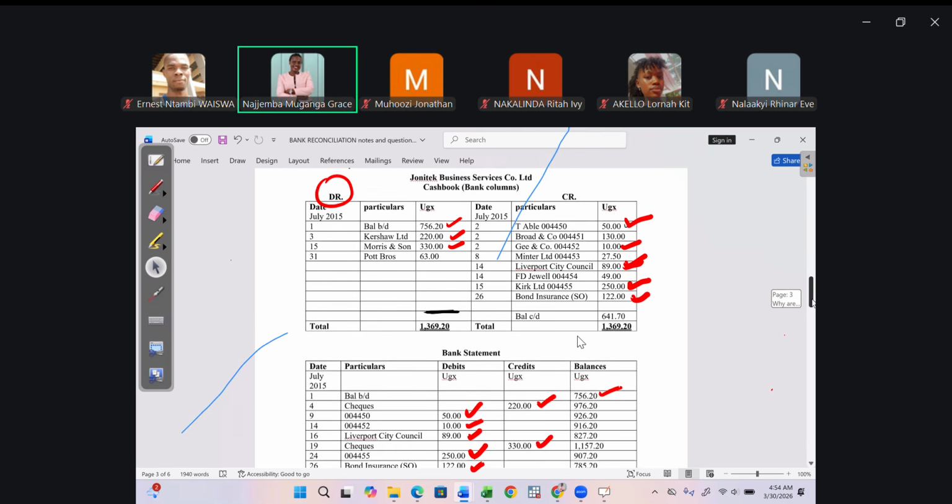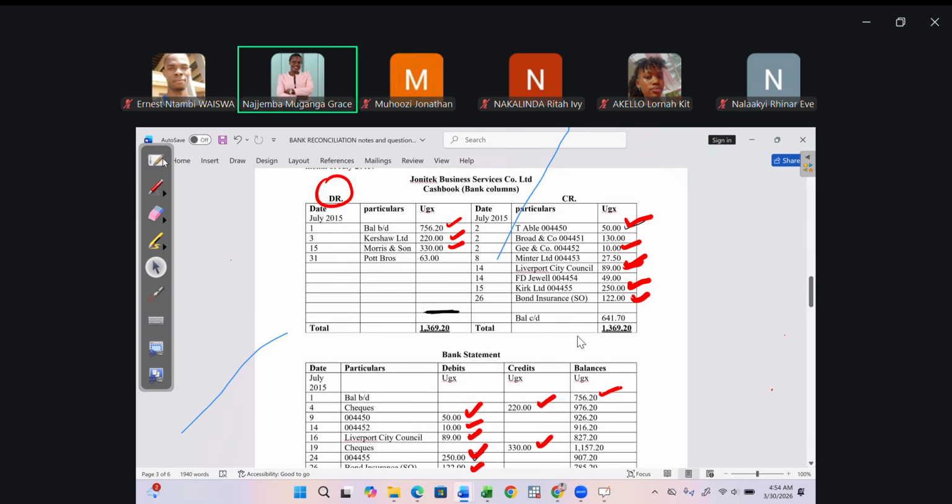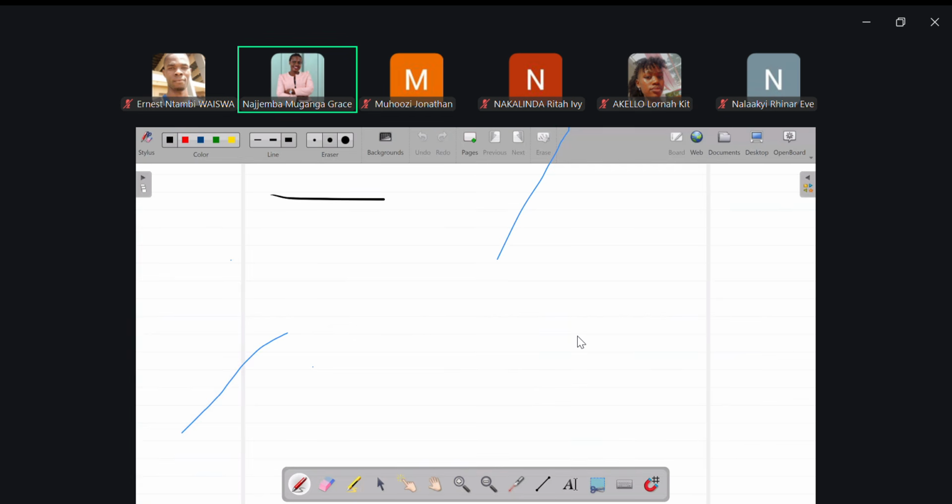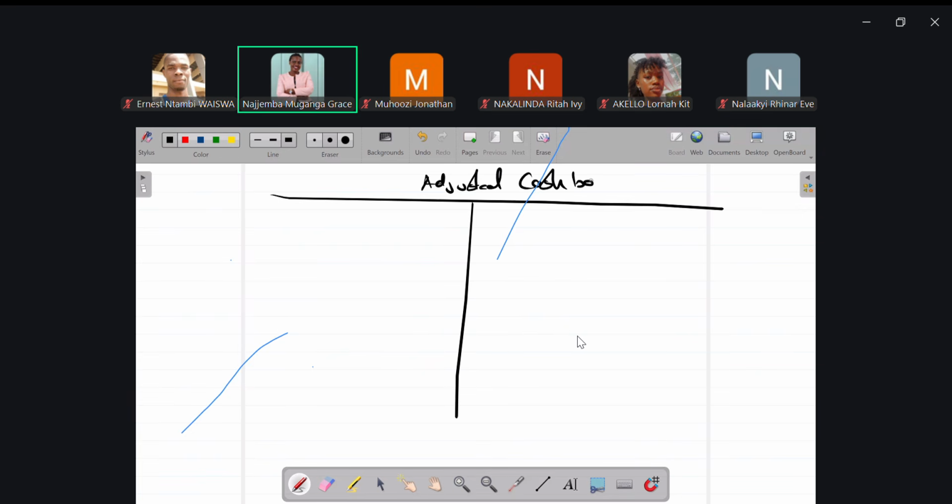So we have no errors. Okay, so we simply draw up our adjusted cash book. We said we are adjusting which balance? 641. So that's the balance we bring here.